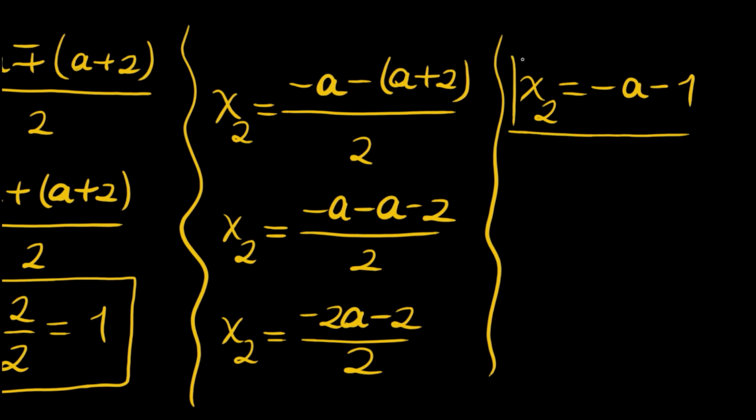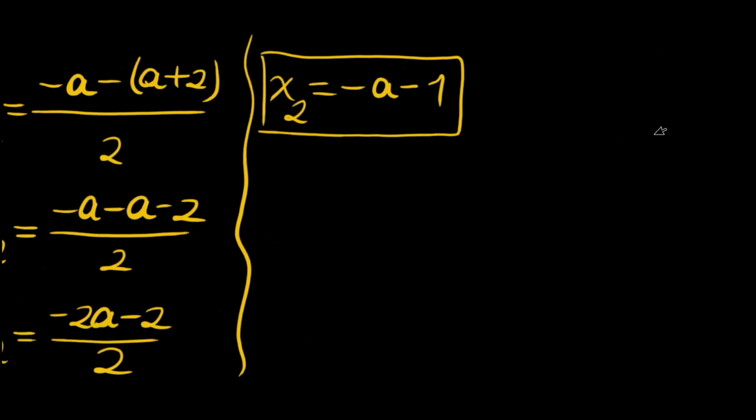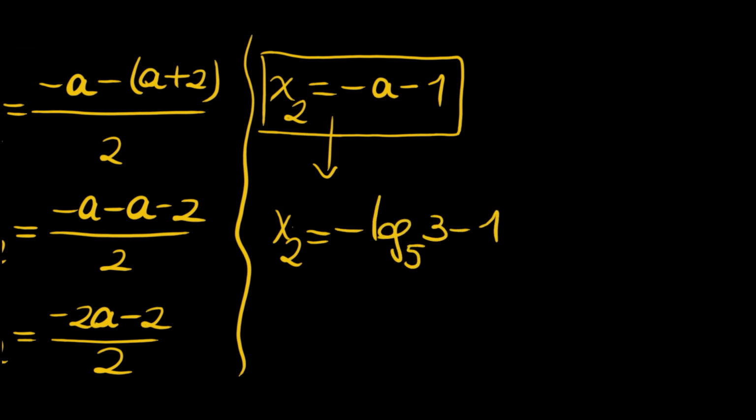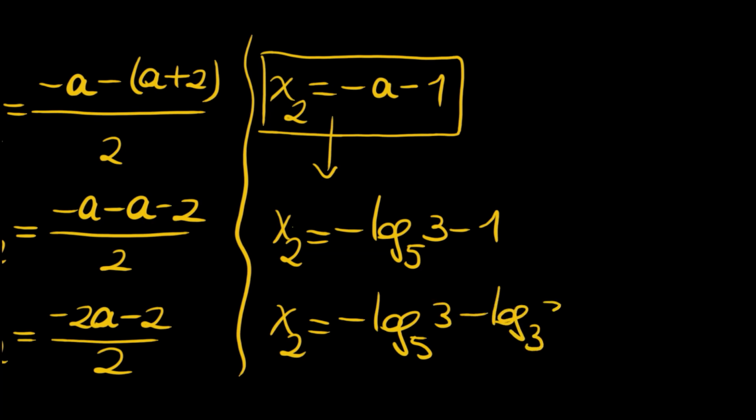This is the second root, but remember, a was log 5 of 3, minus 1 we have. So this can also be written as log base 5 of 3 plus log base 5 of 5 to combine them.